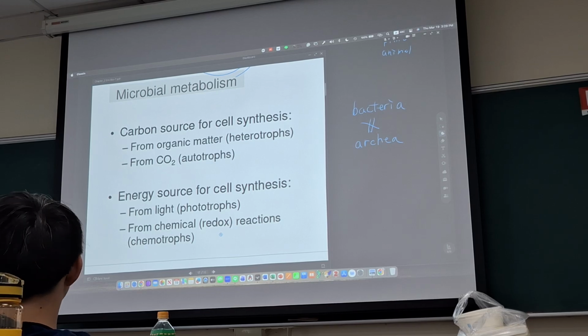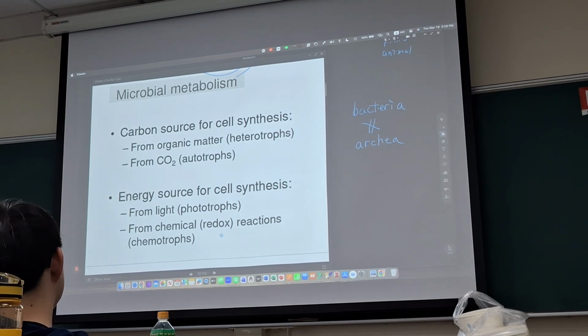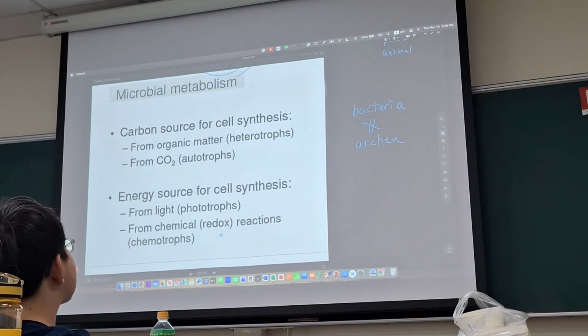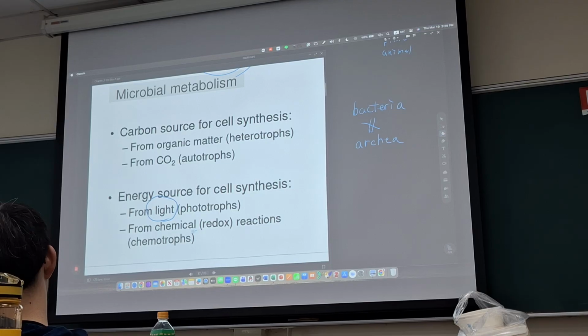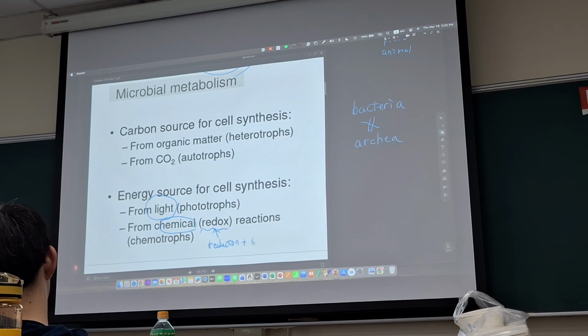And the energy source for cell synthesis. Okay, there are two ways. One from light, the other one from chemical reaction, especially the redox. Redox stands for reduction plus oxidations.